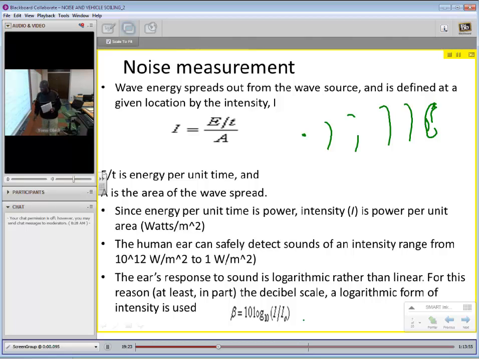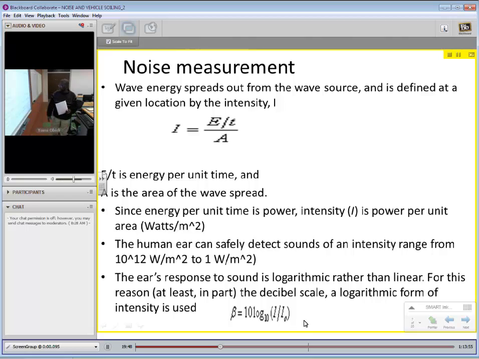It's generally given by intensity I, which is E over T divided by A. E is the energy, T is the time. So energy over time is power, divided by area. Noise intensity is essentially power per unit area.